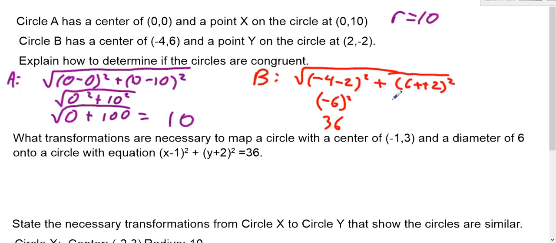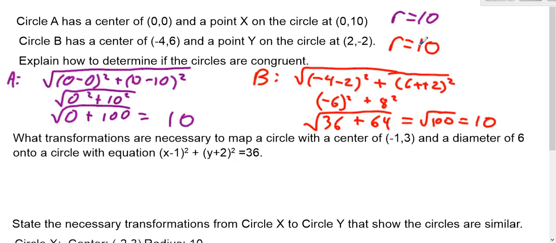And then that's 8 squared, which is 64. Square root of 100, which is 10. So the radius is 10. So, yes, the circles are congruent because they have the same radius.